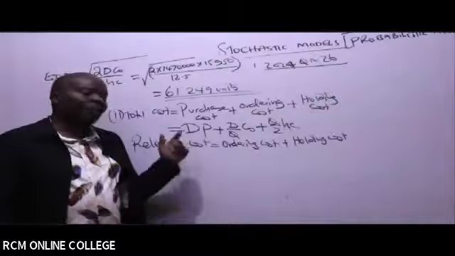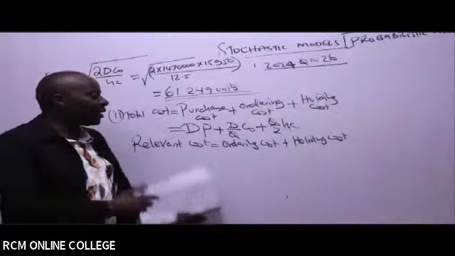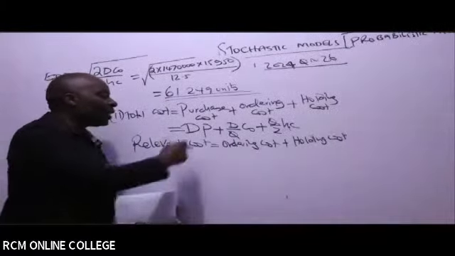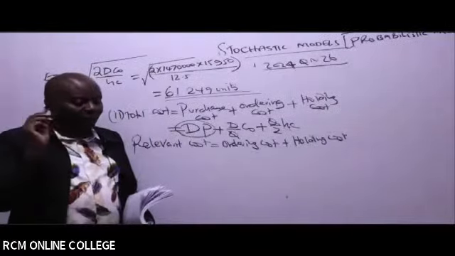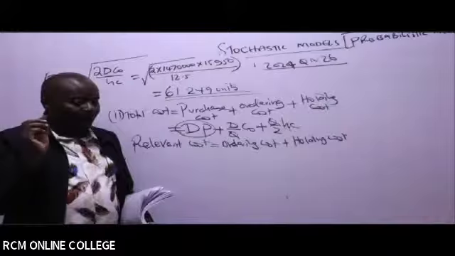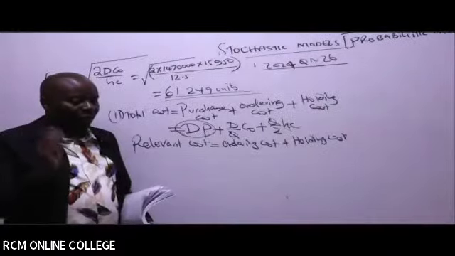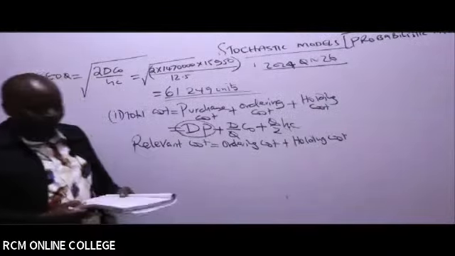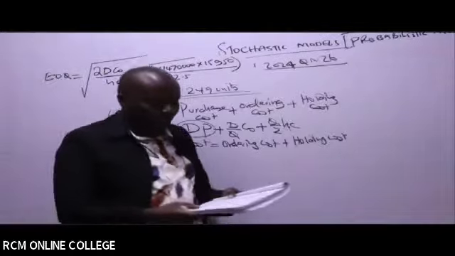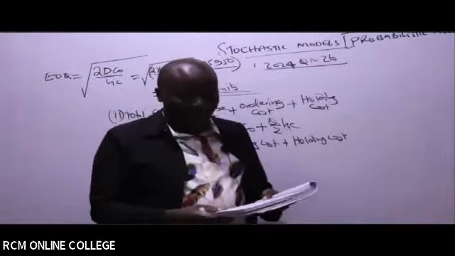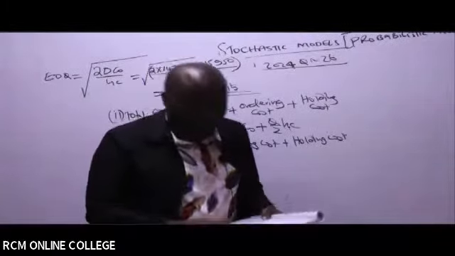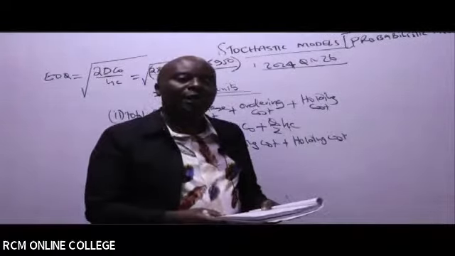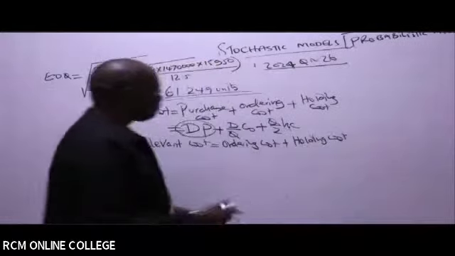If purchase cost will remain at 100, then the argument for inventory management is that this component becomes irrelevant for decision making. So relevant cost, whenever they ask, like this question was very categorical. They wanted us to calculate the relevant inventory cost for the year. Relevant costs will be basically the ordering and the holding.